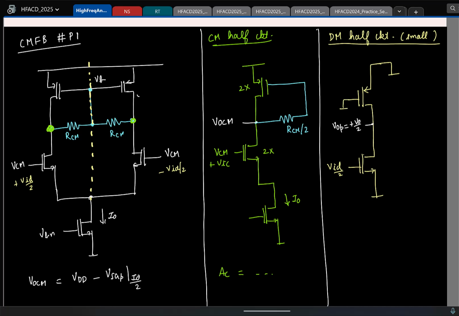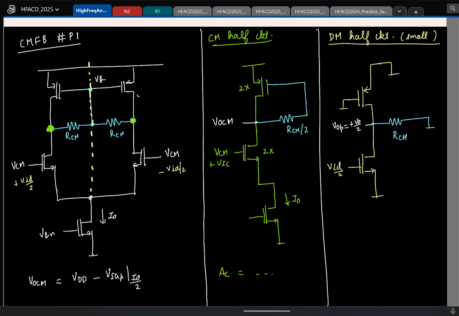So the gate of the PMOS is incrementally short, and you look at the common mode detecting resistor that is connected from the output to small signal differential ground. So I'll have the RCM connected like this. This is fine.